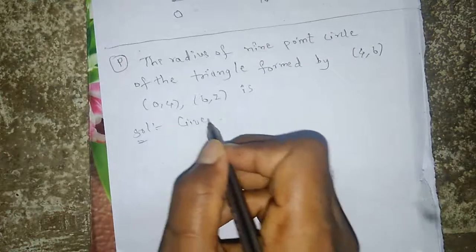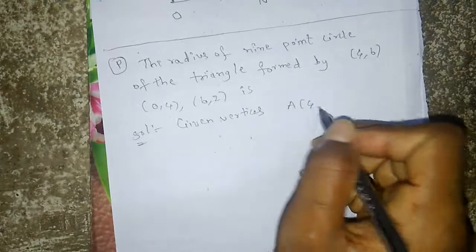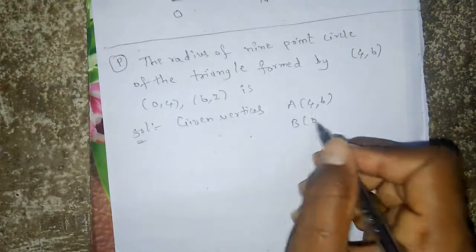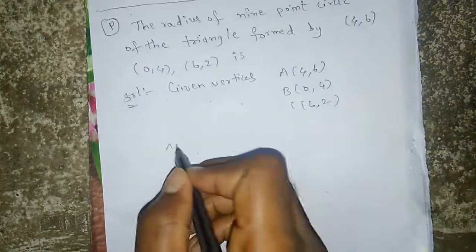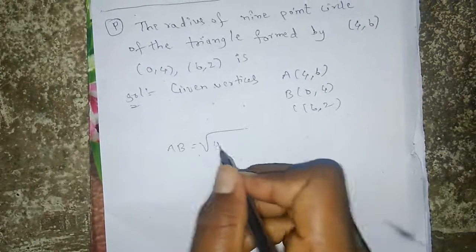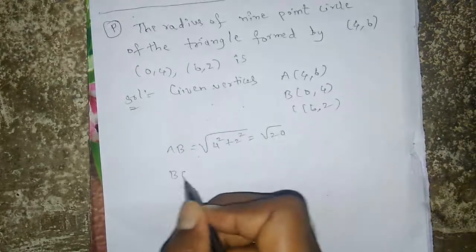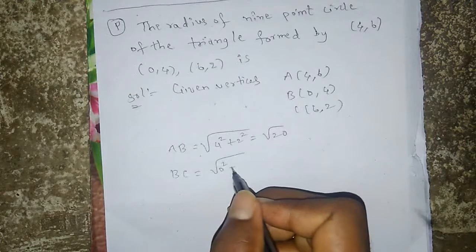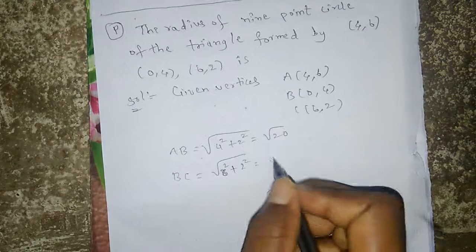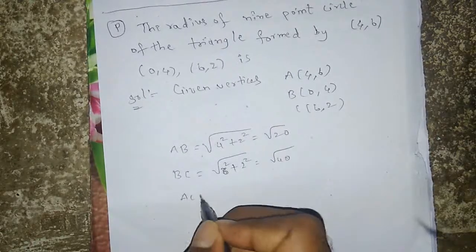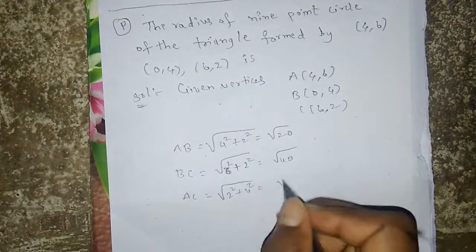Here given vertices are capital A 4, 6, B 0, 4, C 6, 2. First let us find AB distance. This is 4 square plus 2 square, that is root 20. BC is root of 0 minus 6 square plus 2 square, that is root 40. AC is equal to root of 2 square plus 4 square, that is again root 20.